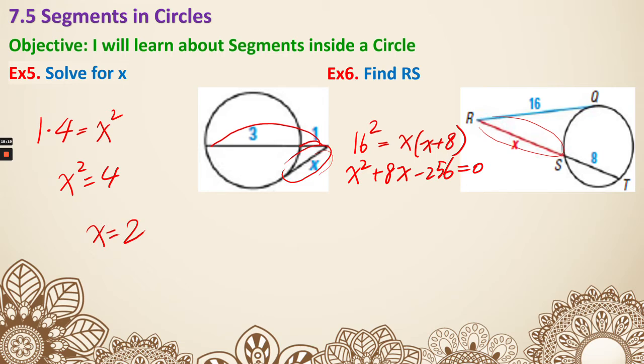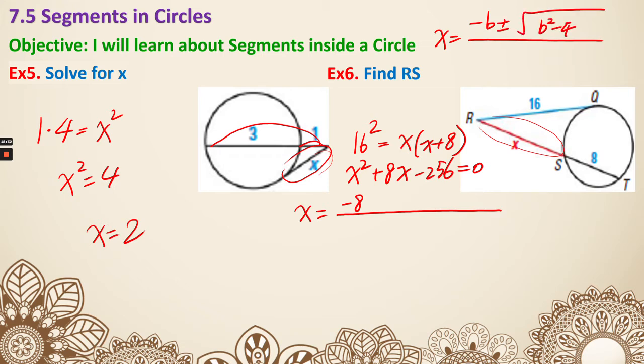So we're going to use the quadratic formula. X equals negative b, which is negative 8. I'm going to write the quadratic formula on the top, just in case you forgot. Negative b plus minus square root of b squared minus 4ac all over 2a. So it's negative 8 plus minus square root of 8 squared minus 4 times 1 times negative 256 all over 2.